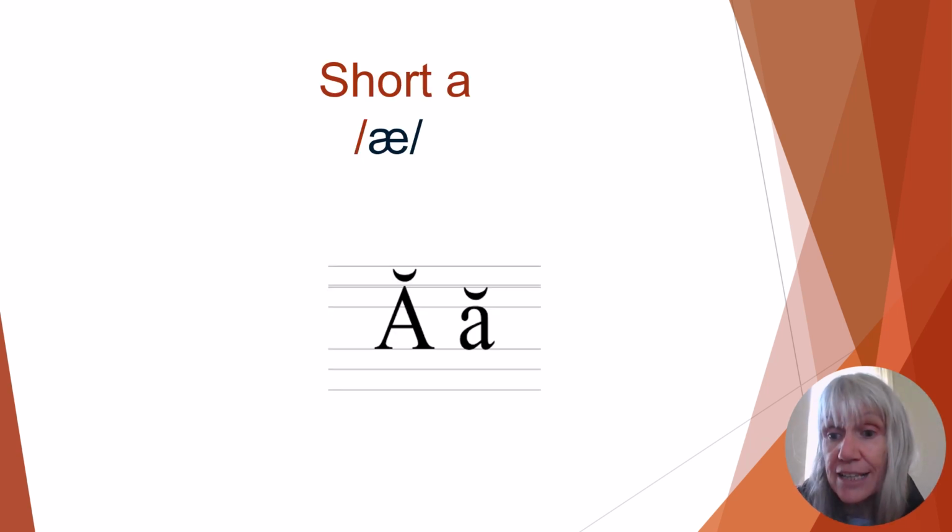So let's look at short A, for example. We see the A, but it's not saying its name. Though we may be using different phonetic symbols for that, this is the one we tend to see a lot for short A. You should be familiar with this from our phonemic awareness and phonological awareness section. We have an A with our breve on top, so we know it's not saying its name.